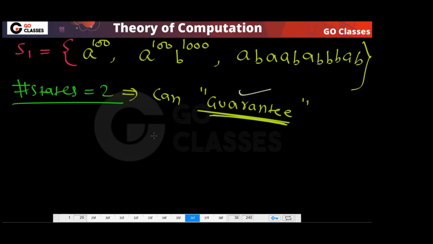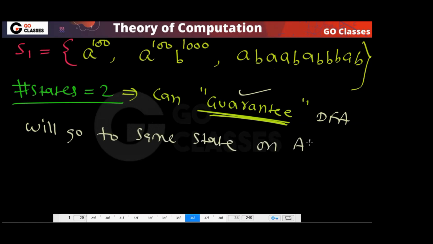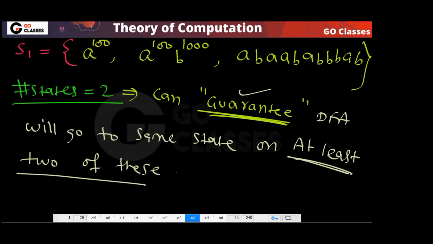You can guarantee that the DFA will go to the same state on at least 2 of these strings.